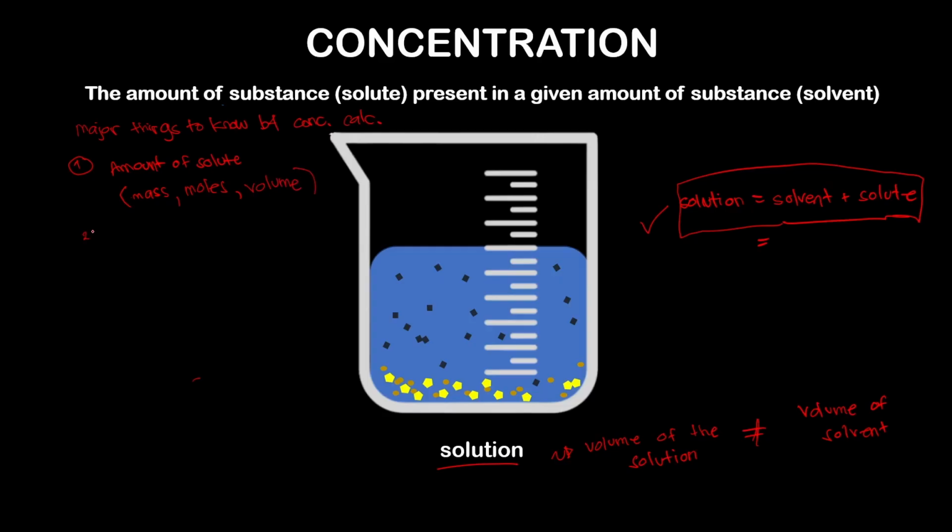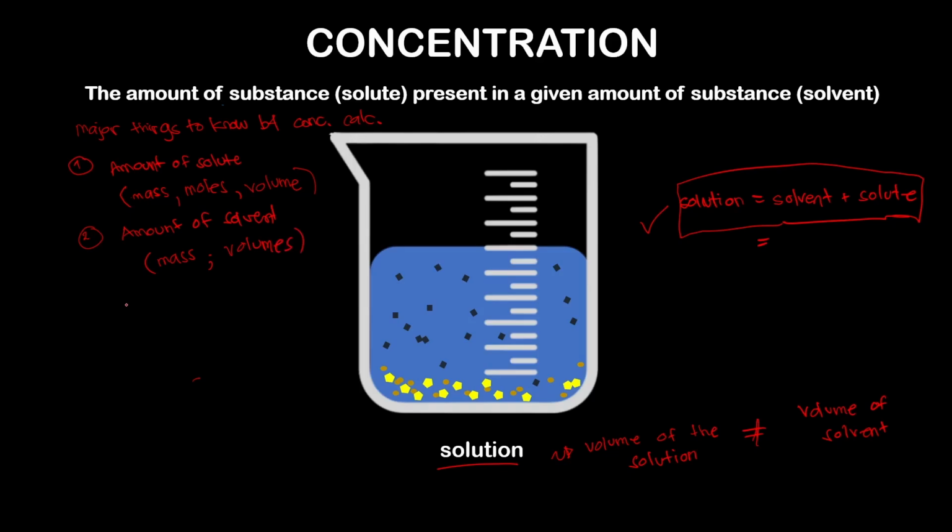Okay. Then the next thing we should know is the amount of solvent. The amount of solvent can be reported by mass, but most commonly it's just volume, liters or ml.